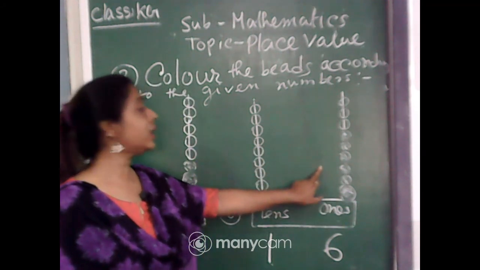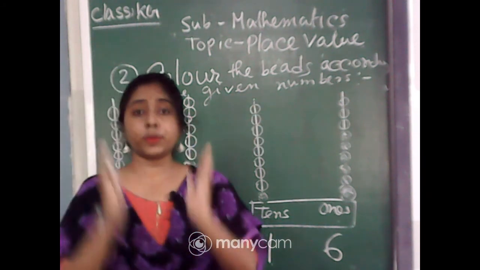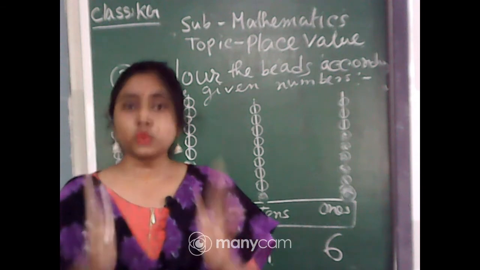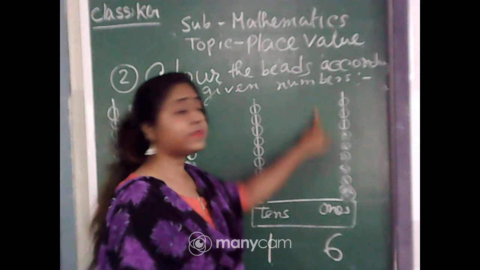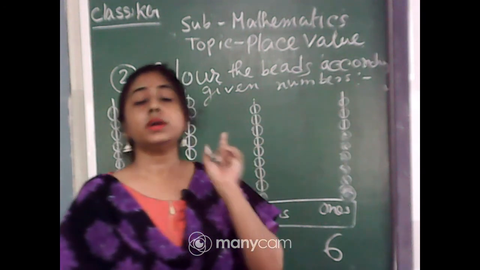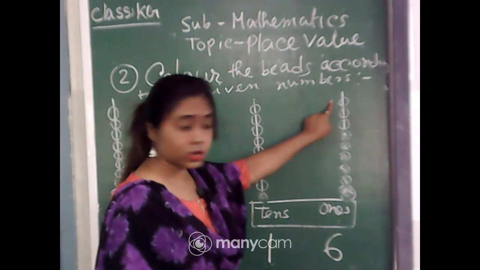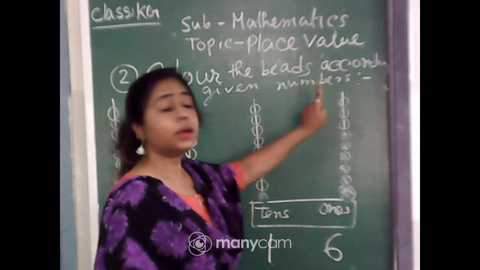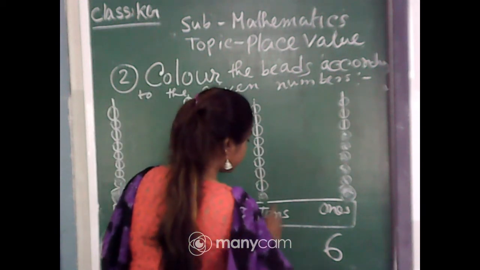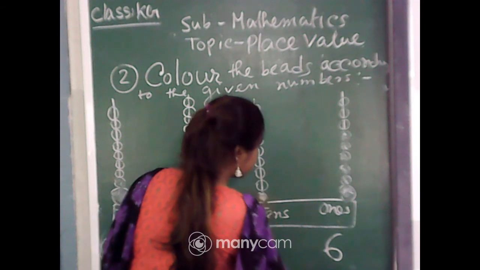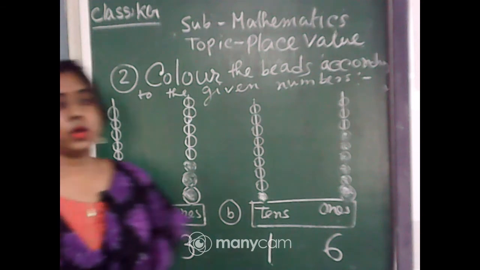In a single rod you should draw only 9 beads, not 10, not 11, because 10 means 2 digits, and we should not draw 2 digits in one single rod. So this is our answer: 1 ten, that means 1 bead here, and 6 beads we have to color here.